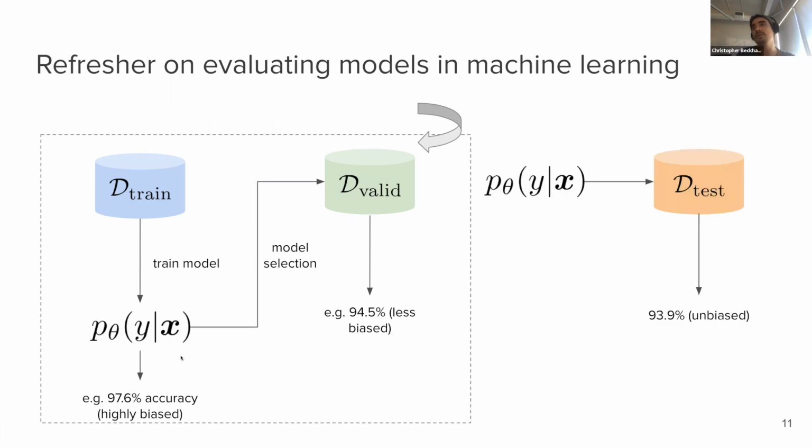But we also have a held out test set. When this process is done, you would evaluate P of y given x on this test set. You would compute the accuracy over these examples, and you'd compute the likelihood, and this will be your unbiased estimate.